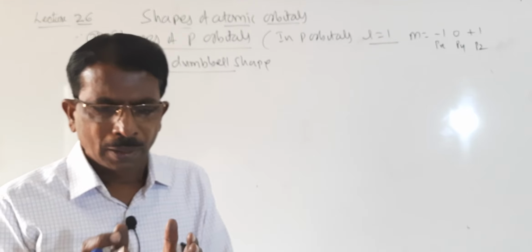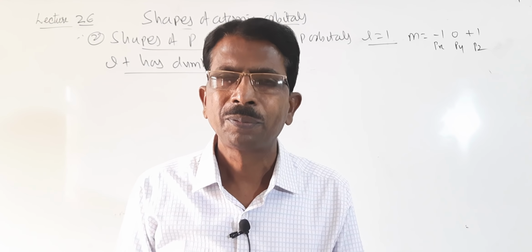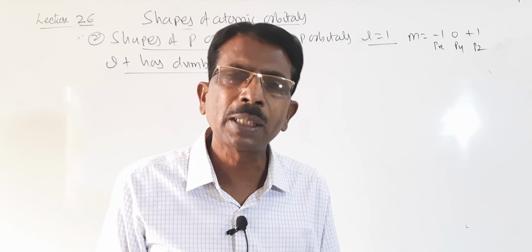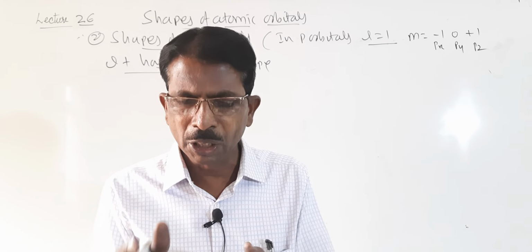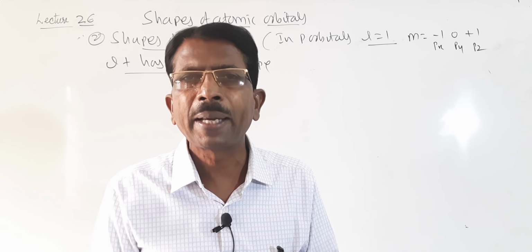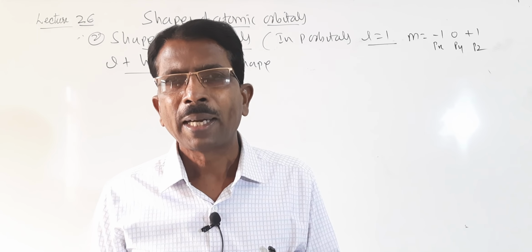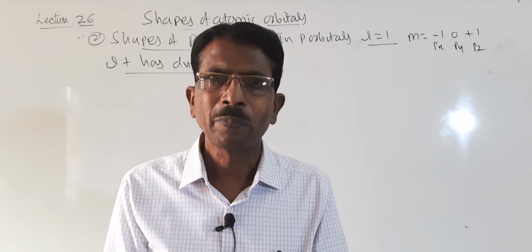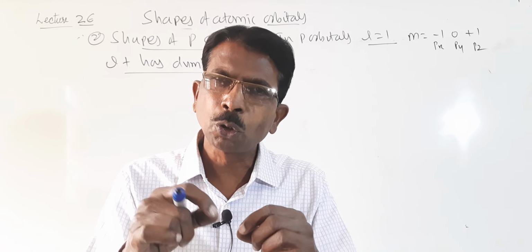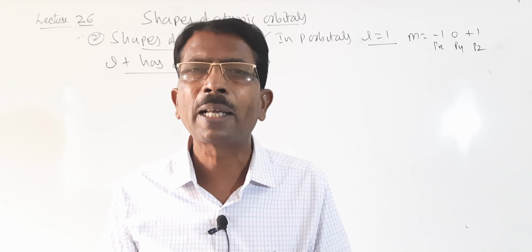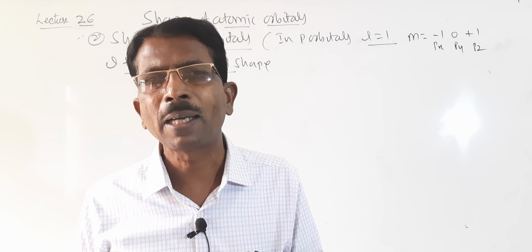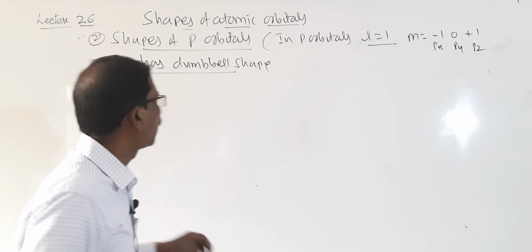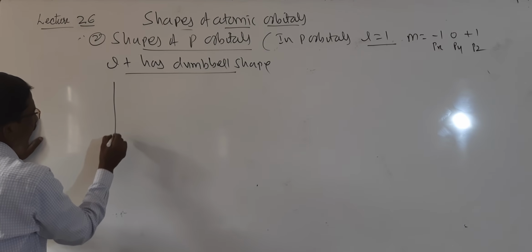And here the p orbital consists of 2 loops or 2 regions, and these loops are separated by a plane. It is also called a node, where the 2 loops touch each other, where the probability density of finding electron is 0. So therefore the diagram can be drawn like this.